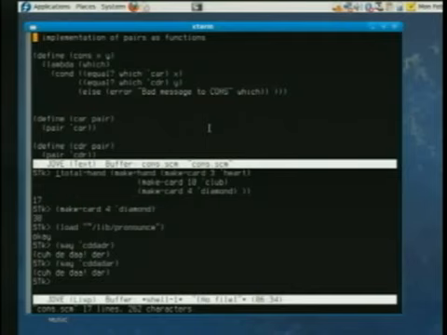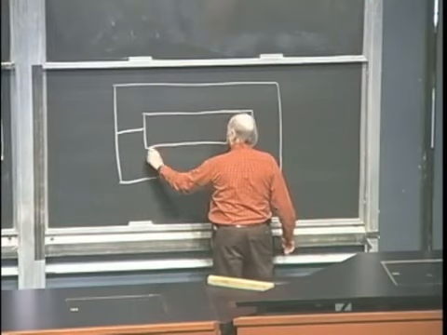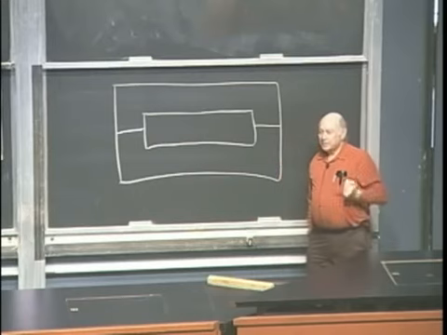The main way that we use pairs, though, is not for things like rational numbers, but as the implementation strategy for a list. A list abstractly is just a sequence. In the book and in my notes, you will find a lot of pictures that look like this. This is an abstraction diagram.